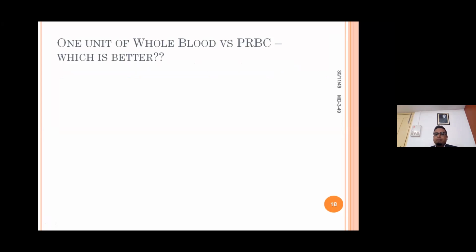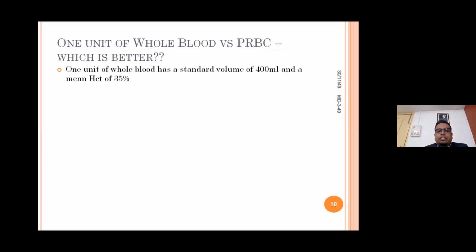Now this slide is very important because there is always a dilemma or a controversy as to why 1 unit of PRBC is better than whole blood. Or maybe some may even debate why whole blood is not better than PRBC. Let us look at it mathematically. 1 unit of whole blood usually has a standard volume of 400 ml, and the hematocrit or PCV of that unit is 35%.